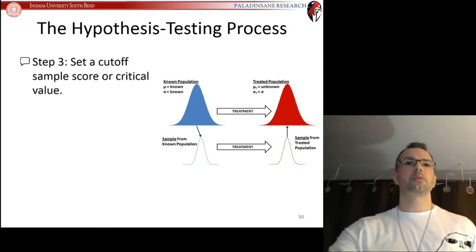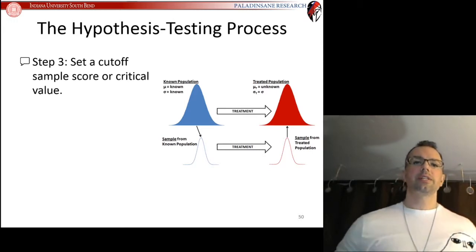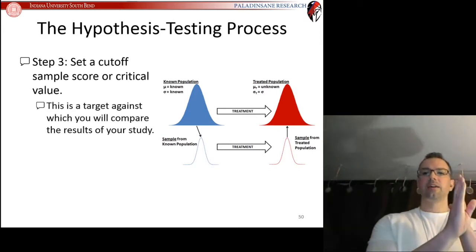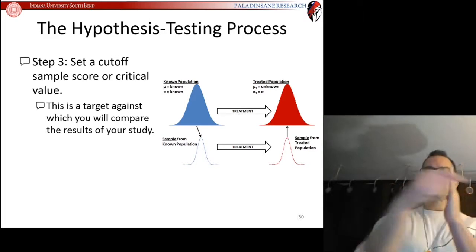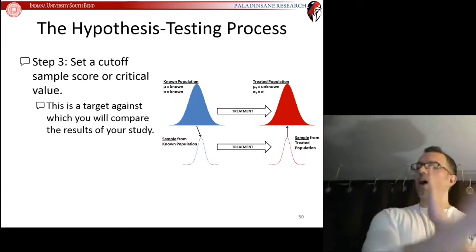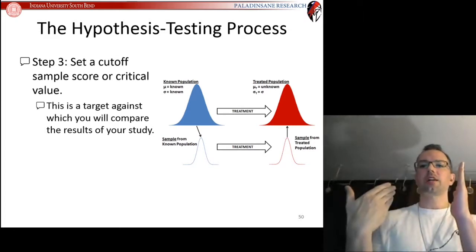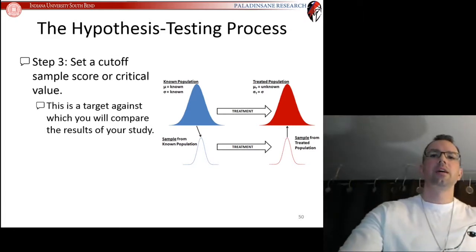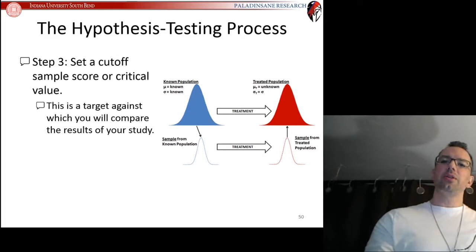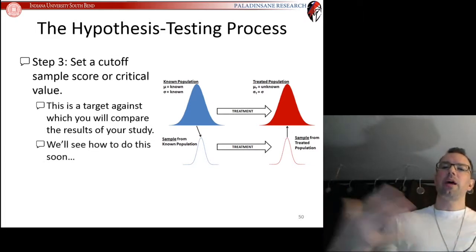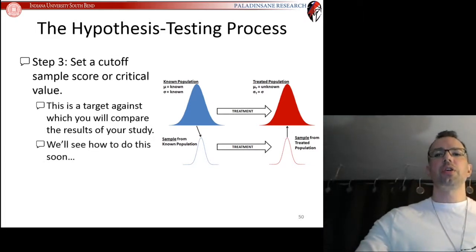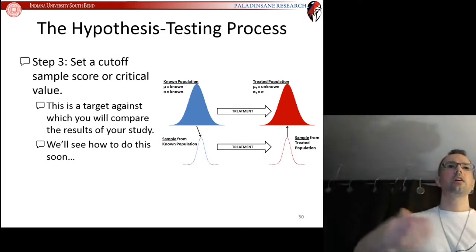All right, step 3, set a cutoff sample score or a critical value. This again is your line in the sand that you're going to compare your sample mean to. So if it crosses the line, you reject the null hypothesis. If it doesn't cross the line, you accept the null hypothesis. And we're going to see how to do this very soon. But for right now, I'll give you that information just so you can see how it works.